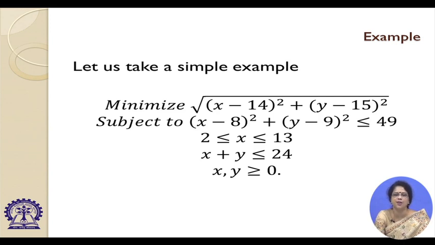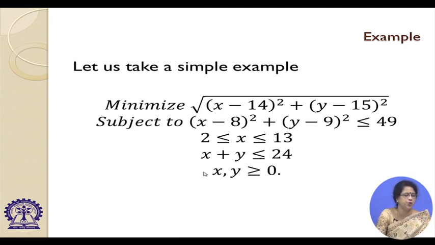One constraint is nonlinear, that is another circle with radius 7 (radius squared 49) and center (8, 9). There is a bound for x and a linear line x plus y less than or equal to 24, but there is no bound for y. Since there is no bound for y, generally we consider y ranging from 0 to infinity.